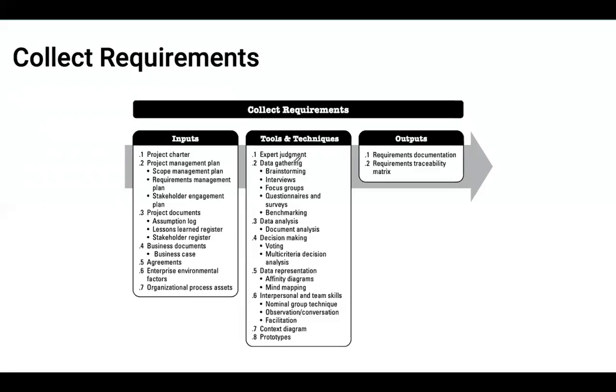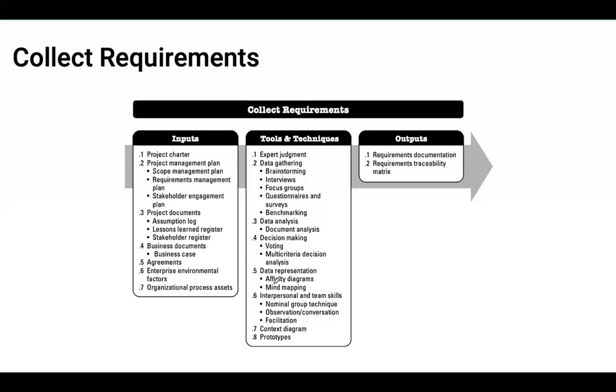Then tools and techniques: expert judgment, brains, data gathering, so focusing on collecting requirements from the stakeholders; data analysis to analyze the documents that might be produced in the process of the data gathering; decision making, which is critically important to how to prioritize the requirements.